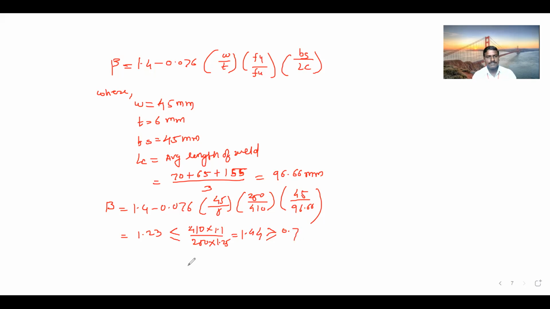Is this correct? 1.23. So now put the value of beta in the formula of TDN. Okay, have you written?